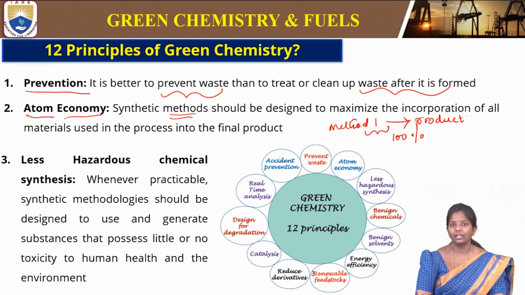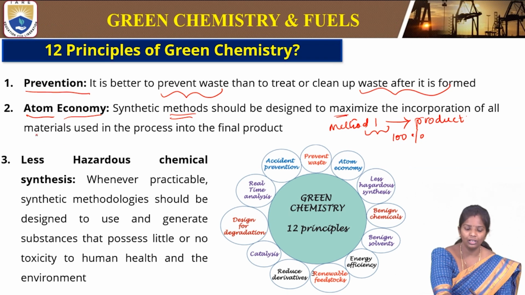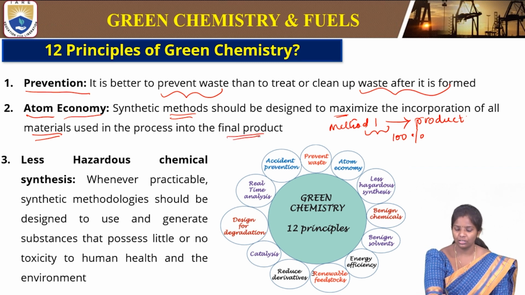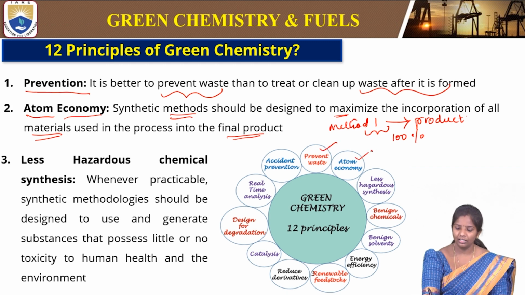It is utilizing the complete reactants that are being used as raw materials. That is nothing but atom economy. So the synthetic method should be designed to maximize the incorporation of all the materials used in the process into a final product. That is the atom economy. Prevent waste, atom economy. Then what is the next one?